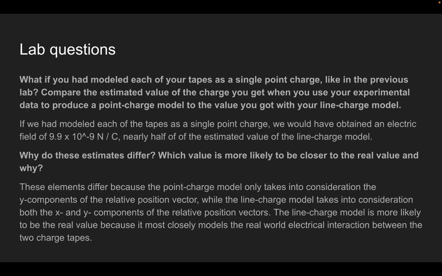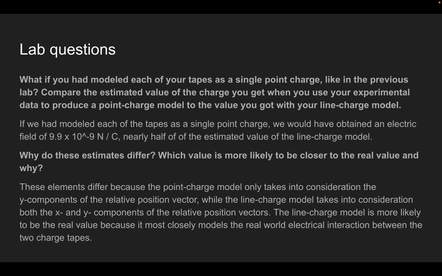And so here are the answers to some of the lab questions. The first question was, what if you had modeled each of your tapes as a single point charge, like in the previous lab? And I answered that by saying that if we had modeled each of the tapes as a single point charge, we would have obtained an electric field of 9.9 times 10 to the negative 9 newtons per coulomb, nearly half the estimated value of the line charge model.